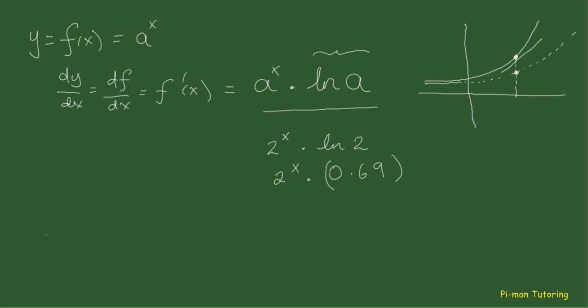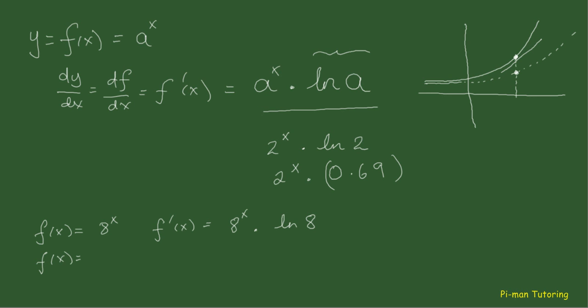So some quick examples: if f of x was 8 to the power of x, then f dashed of x is very simply the original function multiplied by the log of the base, the natural log of the base.